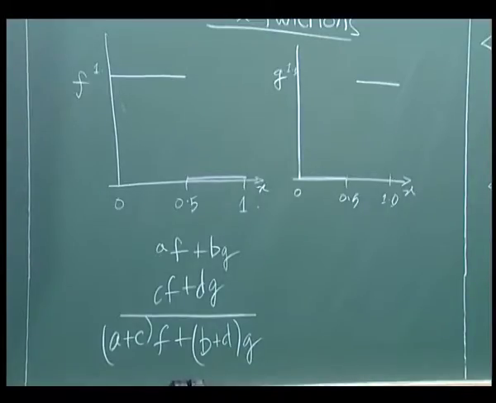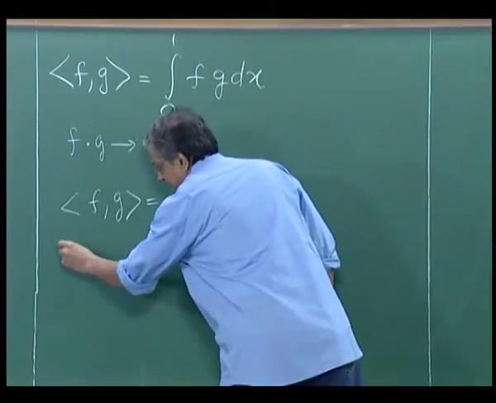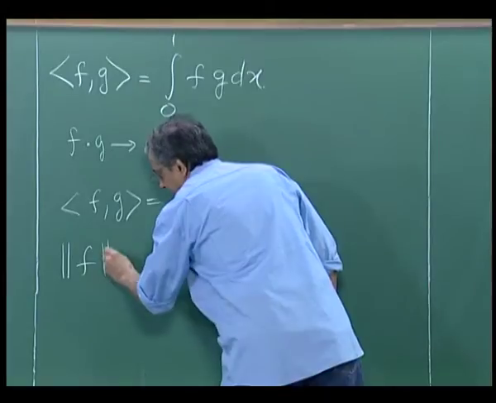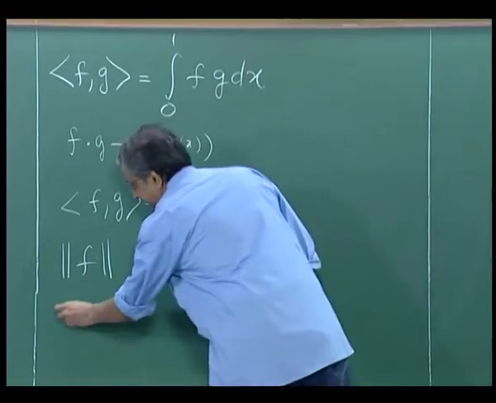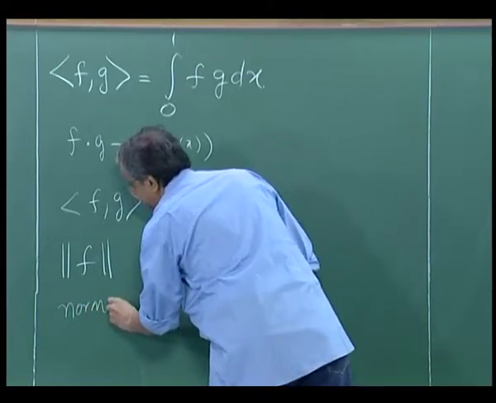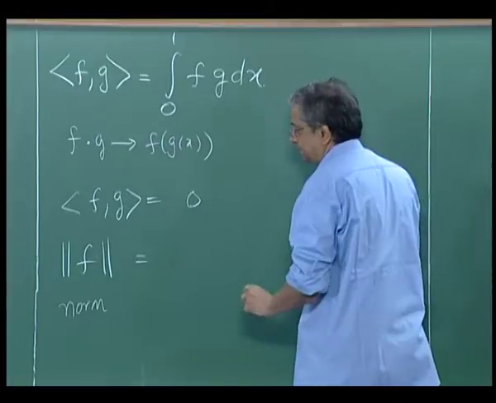We will come back to this point later. Right now what I am interested in is, as we did earlier, defining something like a magnitude. In the case of a function it is called a norm. We define a norm that comes from this dot product, just like we did with vectors.